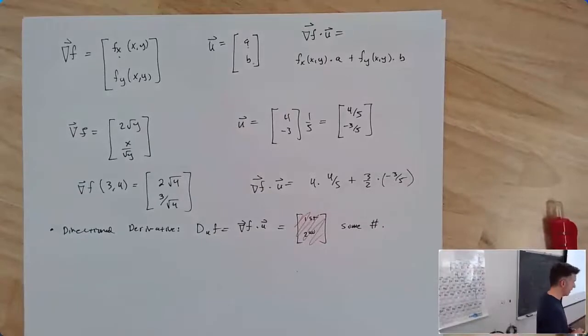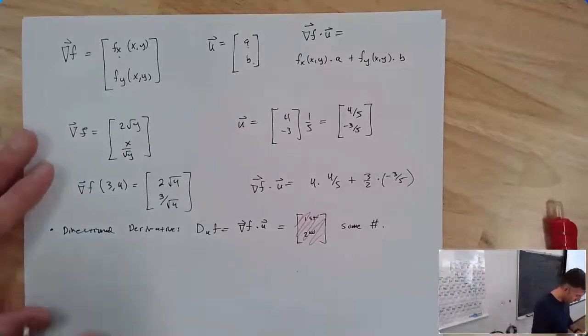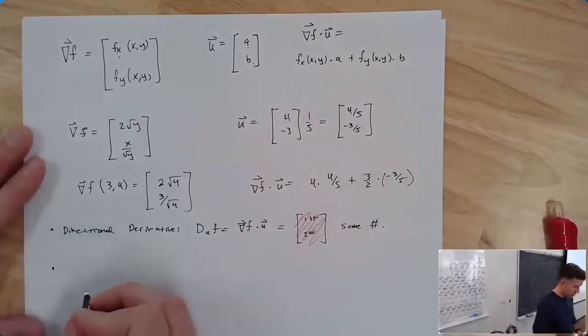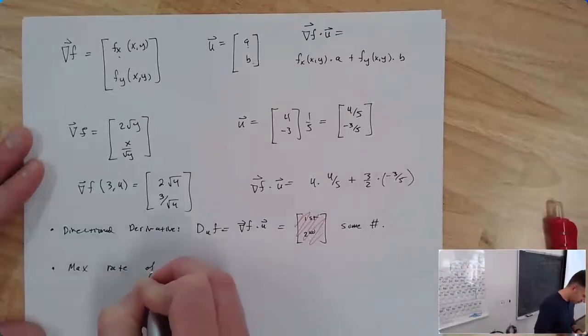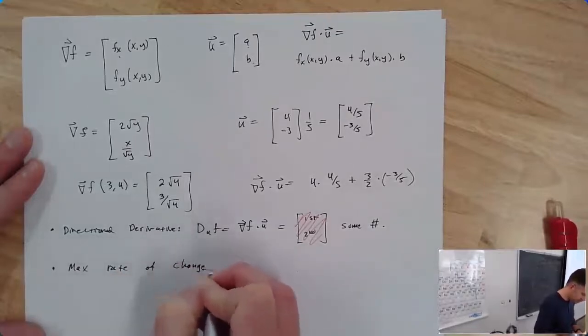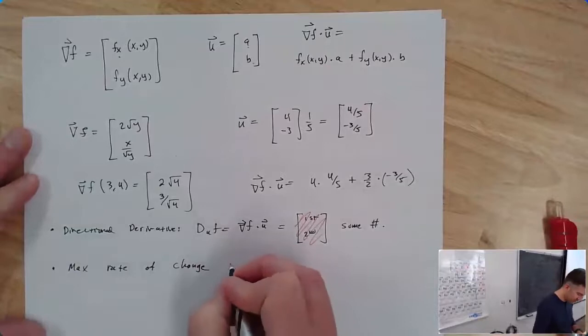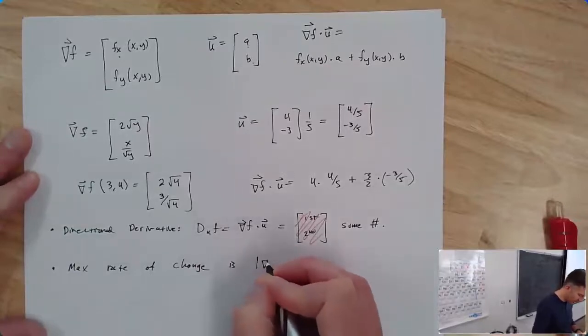Could be positive, could be negative. The max rate of change is also some number, but specifically it is the magnitude of the gradient.